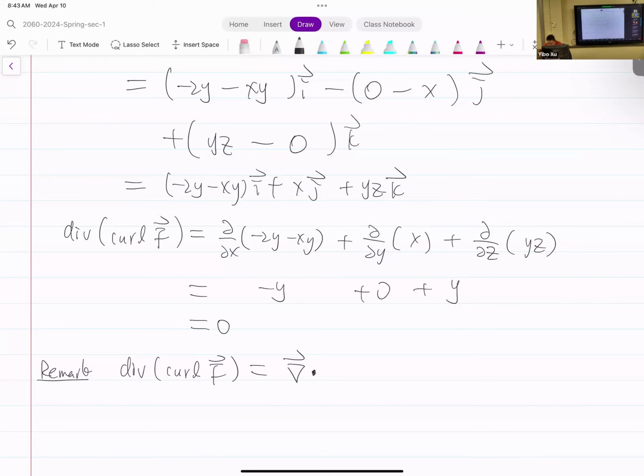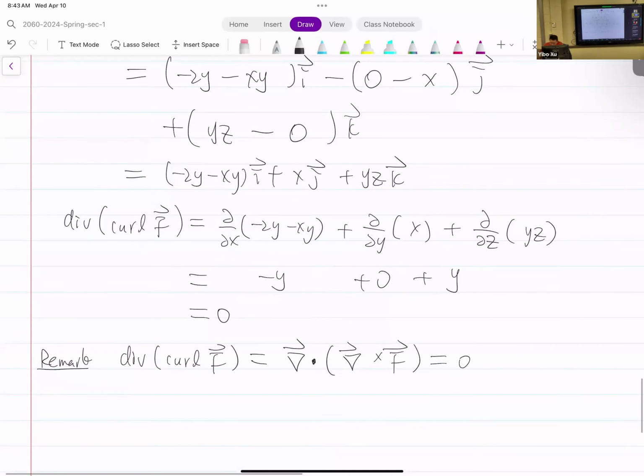The divergence is saying I'm just using nabla dotting with whatever follows, right? And what follows is the curl, which is nabla crossing the vector field. This is always a 0, because this is the symbolic operation of just like A dotting with A cross B.